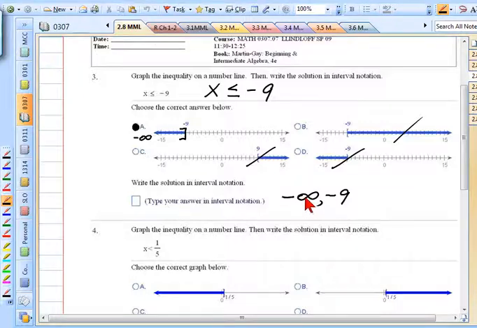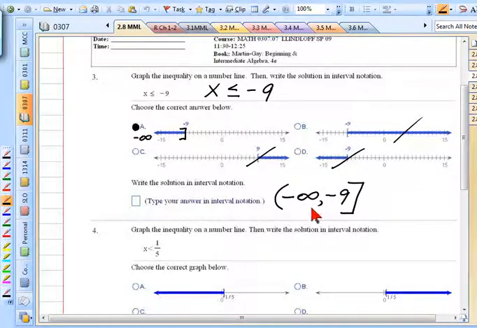The infinity always gets a parentheses. Now, you have to make a decision. Does the negative 9 get a parentheses or a bracket? Bracket, because it was included, because there was equal. So anytime there's equal as part of the inequality symbol, like way up here, that means there will be a bracket in the graph, and there will be a bracket in the interval.